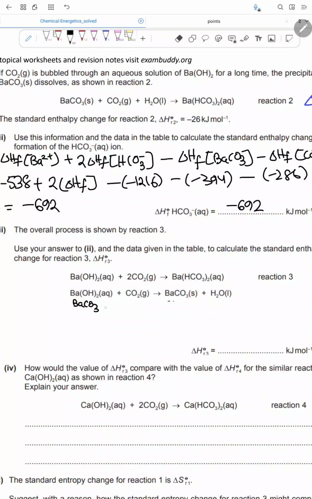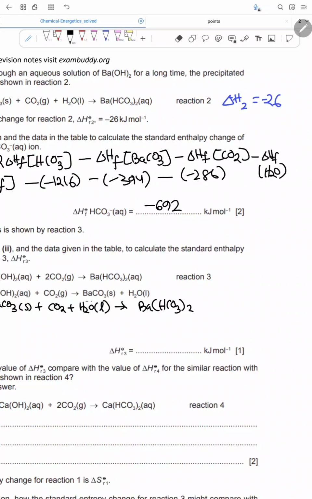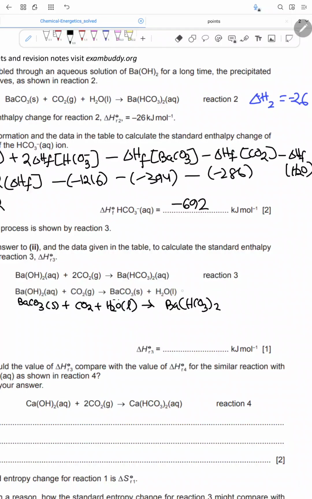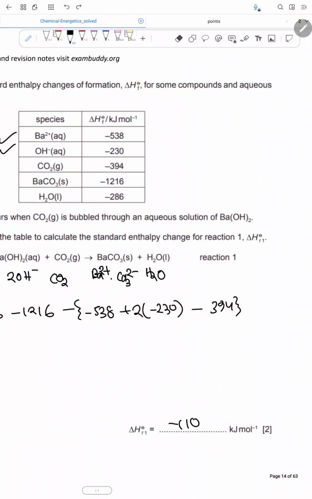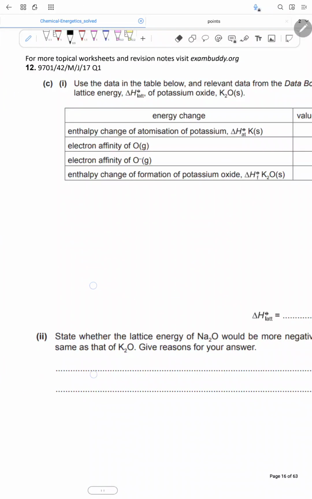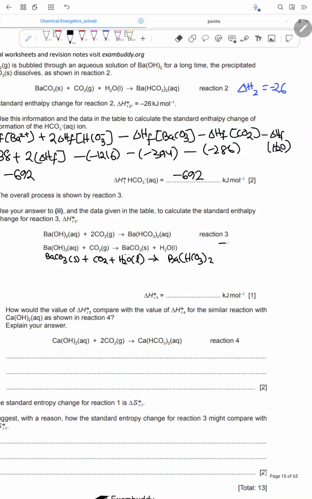Barium carbonate solid plus CO2 plus H2O liquid, giving us barium HCO3 2. For the first one, what was the enthalpy change? Minus 110. And for the second one, it's minus 26 for the forward reaction.